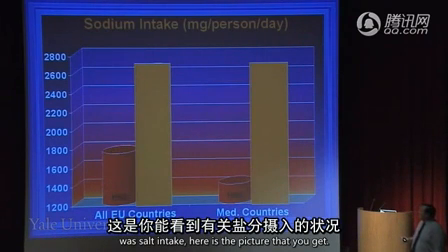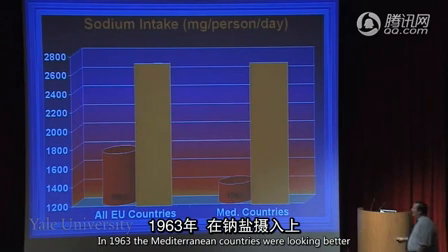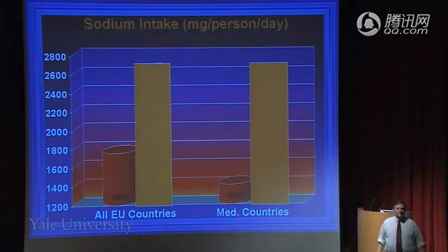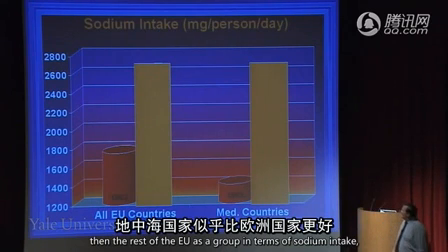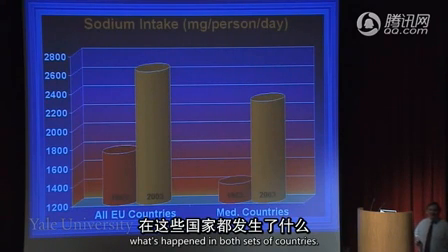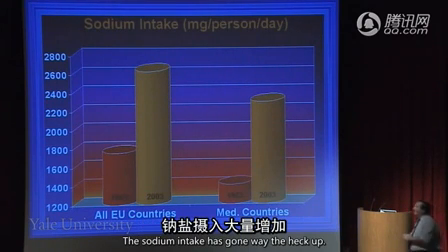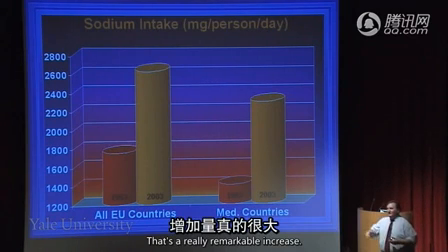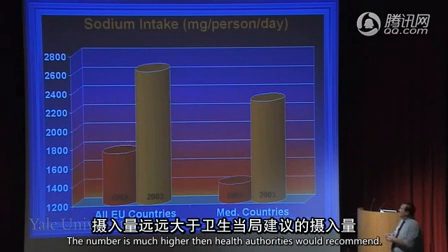In 1963, the Mediterranean countries were looking better than the rest of the EU as a group in terms of sodium intake. But in 2003, you can see what's happened in both sets of countries. The sodium intake has gone way up. That's a really remarkable increase, and the number is much higher than health authorities would recommend.